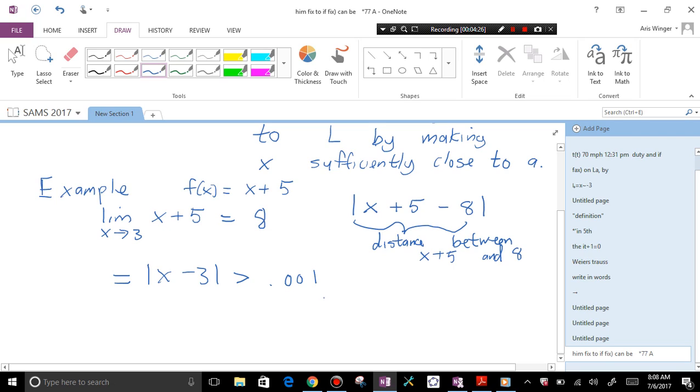And then you say, well, so you think it's bigger than 0.001 no matter how close I take x to 3? And she says, that's right. And I say, prepare to lose, right?